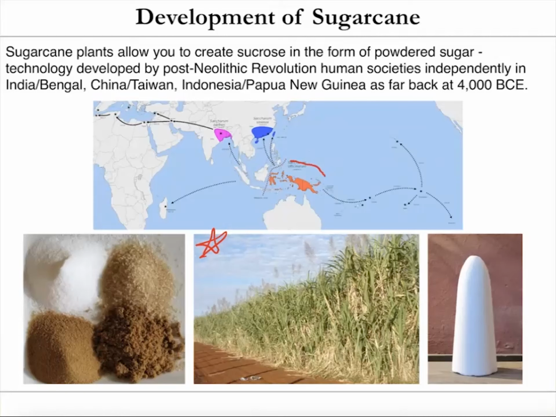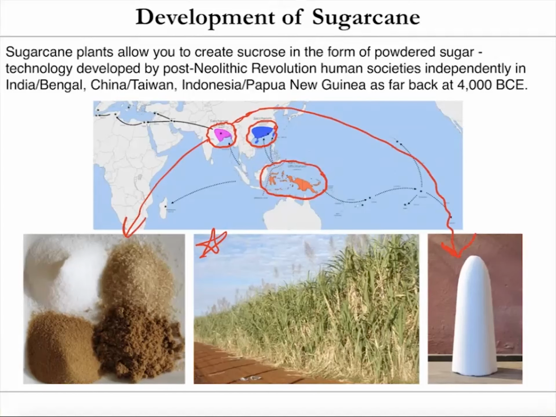So different types of sugarcane were developed in Indonesia and Papua New Guinea, in southern China, and then also in the Bengal region of India. And so the technology to make powdered sugar, which you can see right here, was developed in India.